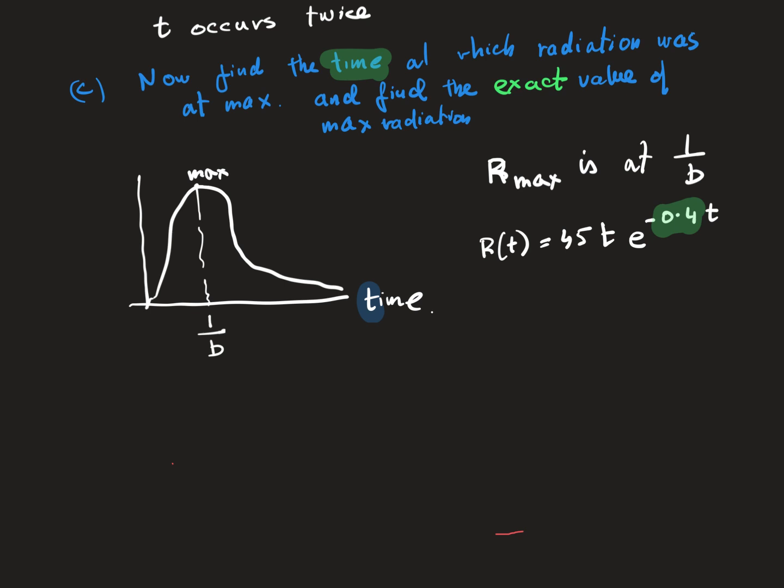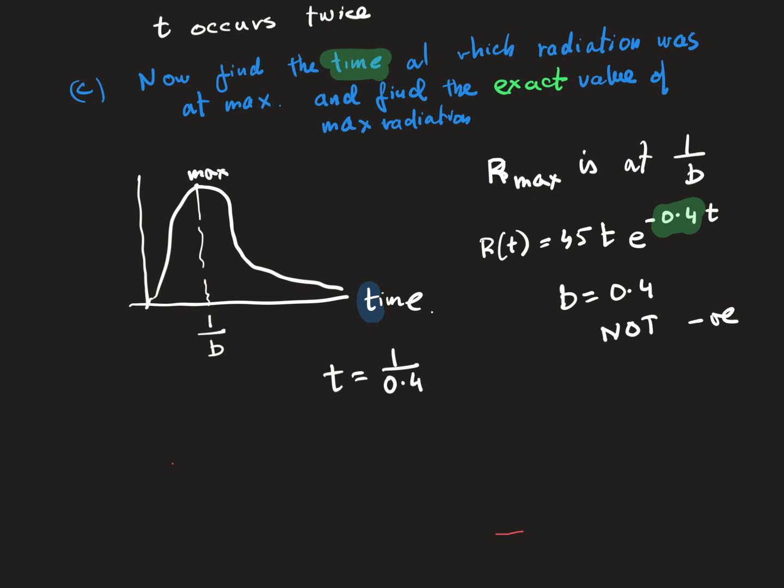So please remember that, okay? So b is 0.4, not negative. So that means that t is equal to 1 over 0.4.